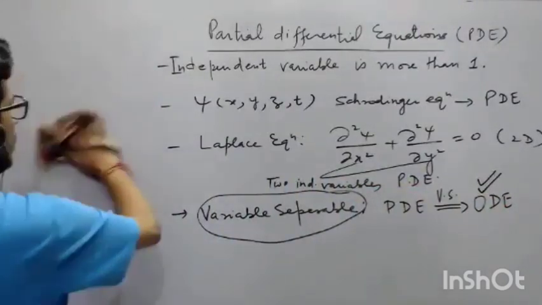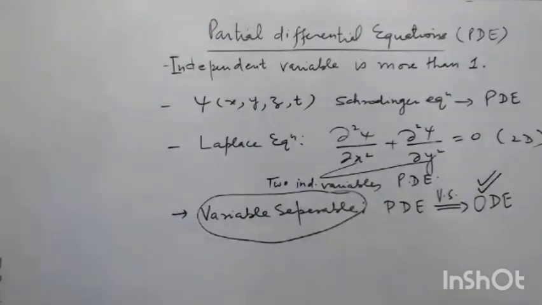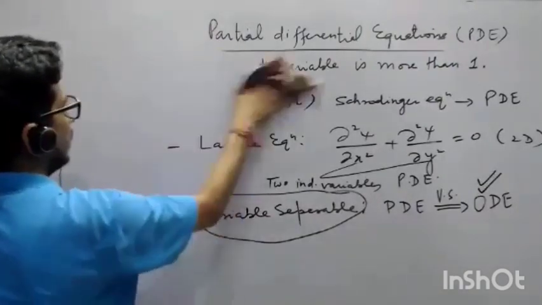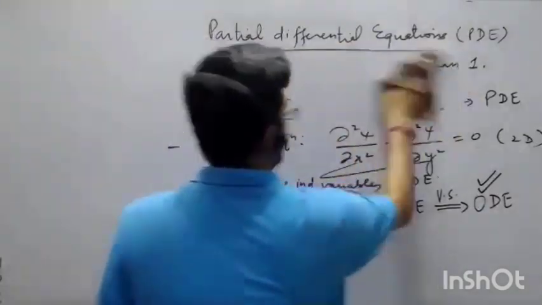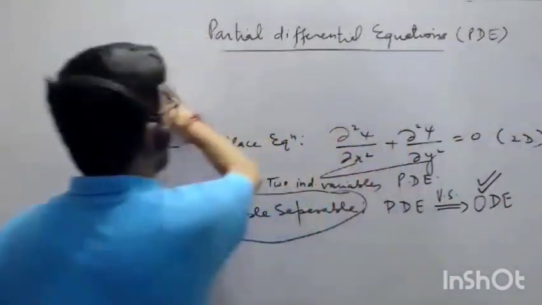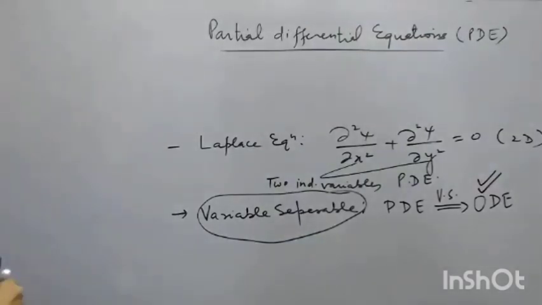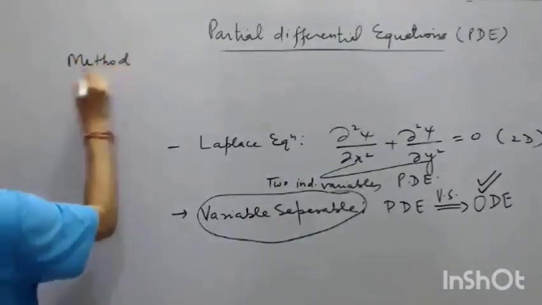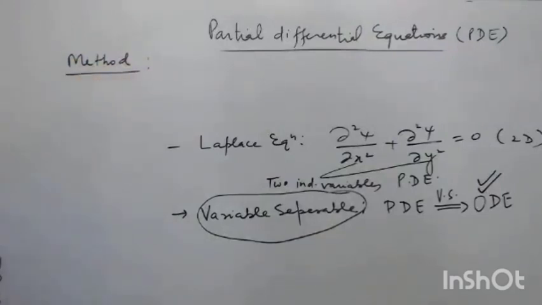So the method of variable separable is like this.